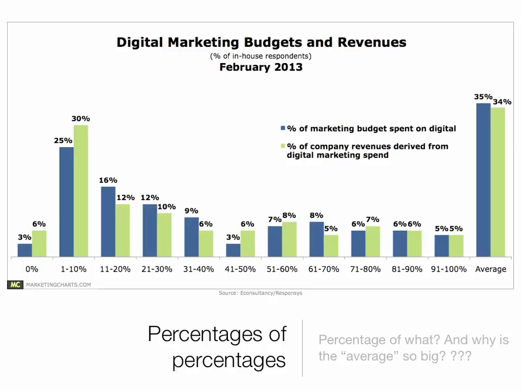And then you have a breakdown of percent of marketing budget spent on digital and percent of revenues derived from digital within each of these percentage categories. So what the percentages of percentages are, I have no idea. The most baffling part is the average over on the right, 35 and 34%, which is a bigger number than any of the individual bars for any of the other categories.